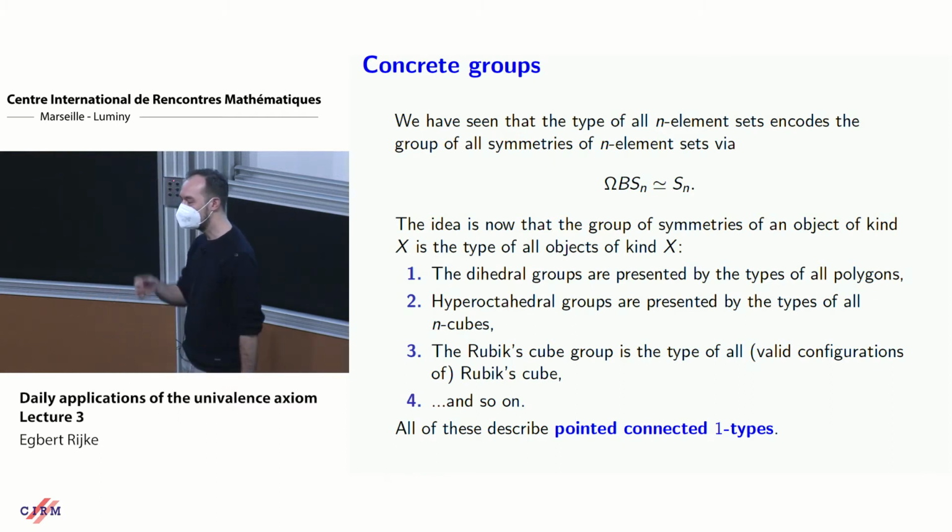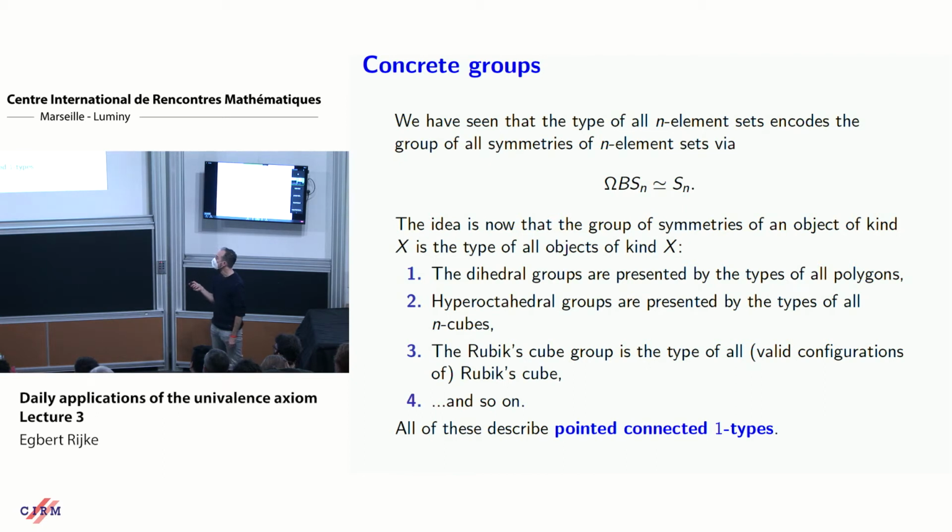I defined it in the library, but I didn't prove yet that its loop space is the dihedral group, because then you do have to define the algebraic version, which is of course possible, but I was focusing on other things. Anyway, so that's how you define symmetry groups.